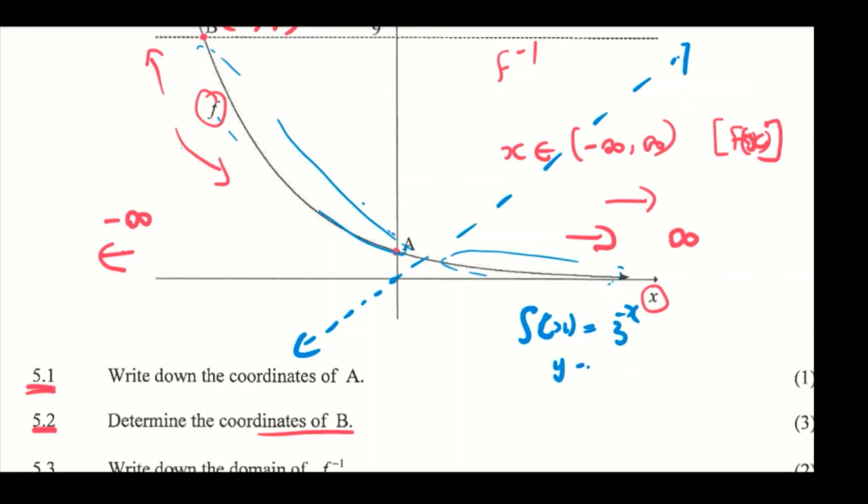So we have y is equals to 3 to the power of minus x, right? So the inverse would be x being equals to 3 to the power of minus y is equals to log of base 3 x, right? And then y is equals to minus log of base 3 x, right?